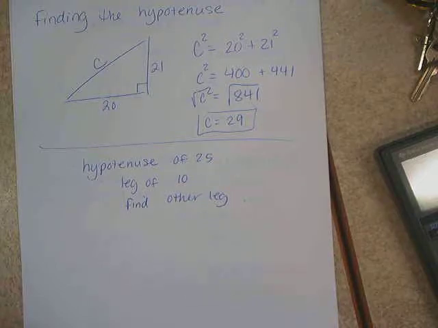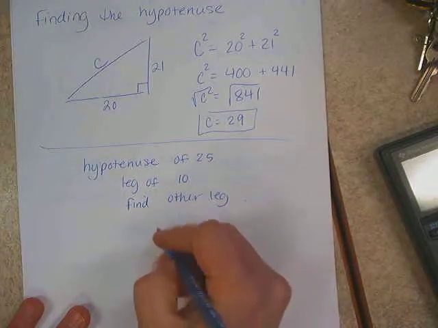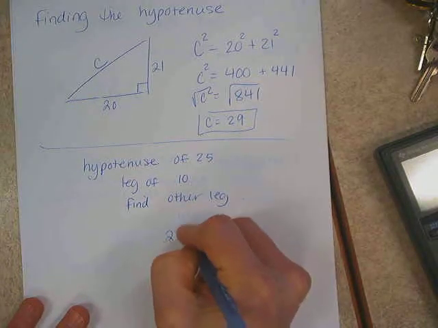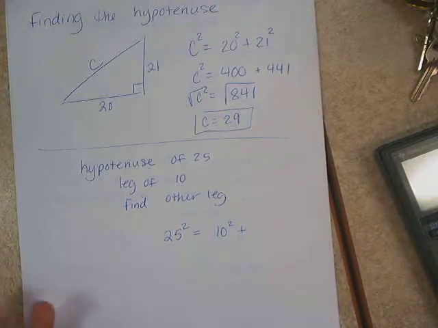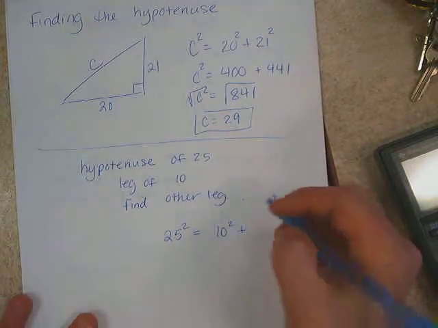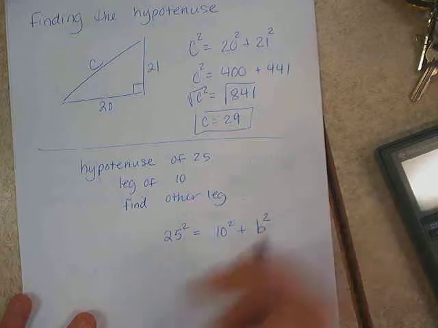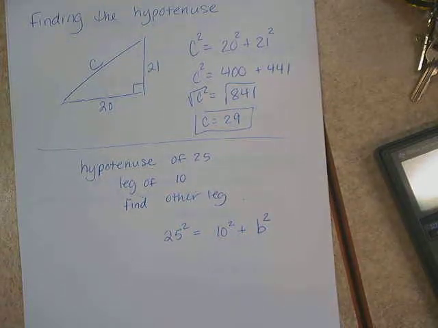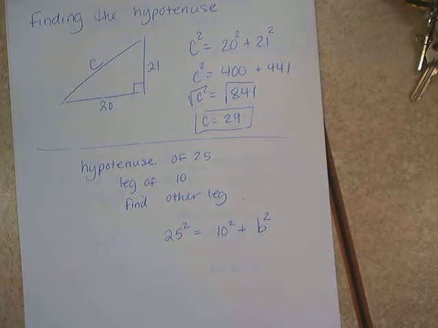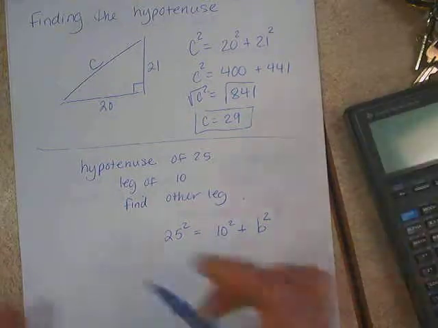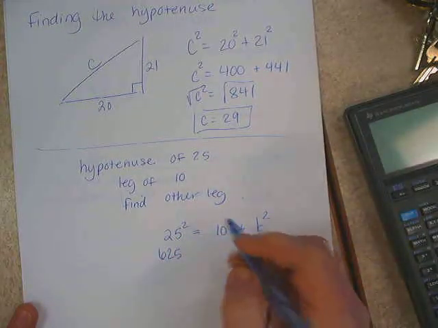What's important in this information? What's the piece that needs to be by itself? 25, the hypotenuse, the longest length. So we would say 25 squared equals 10 squared plus, it doesn't matter in this case if you call it A or B, plus B squared, just to make sure every piece is squared.